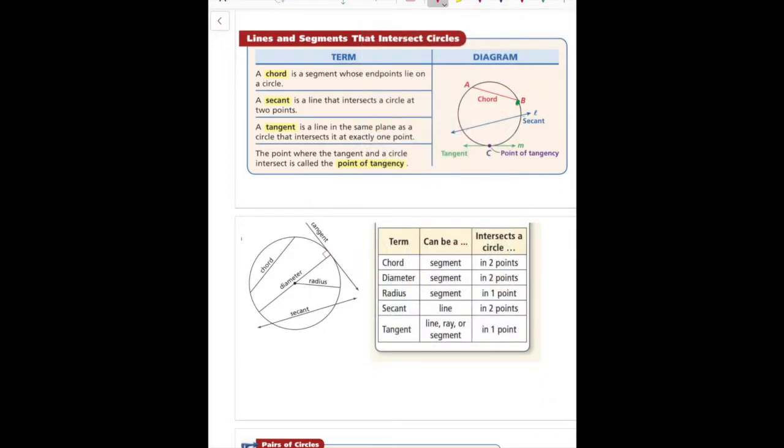You already know that we have a diameter. Diameter is the segment that joins any 2 points through the center, and a diameter is a chord.